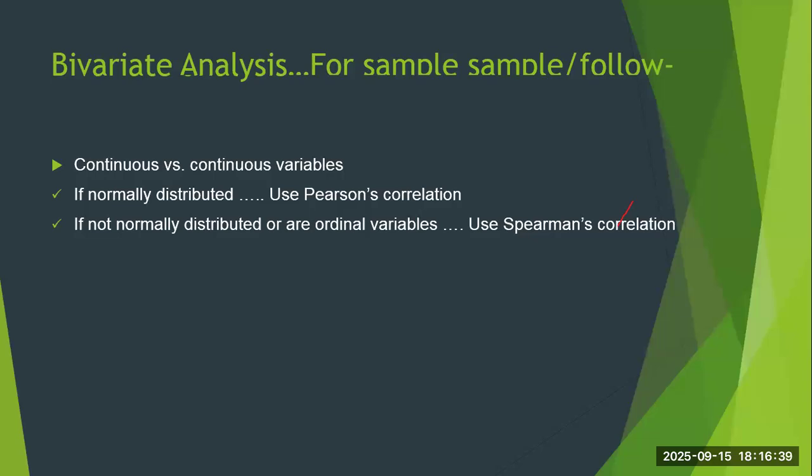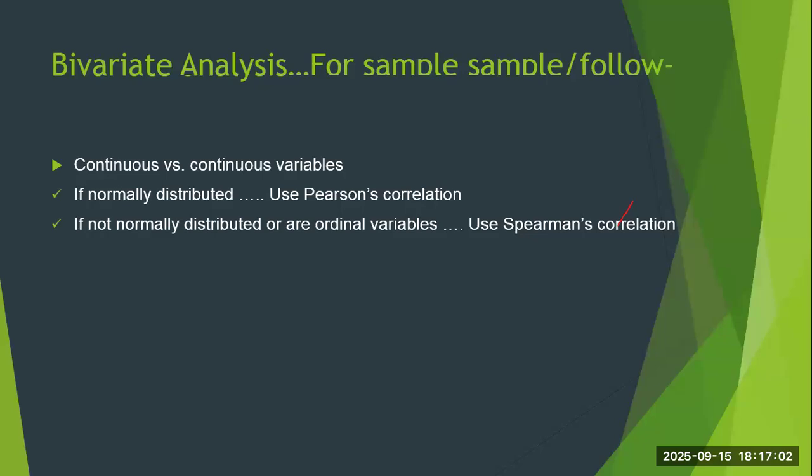We have categorical versus categorical for cross-sectional, which is chi-square. We have continuous at different intervals: 2 intervals, paired t-test or Wilcoxon; paired samples for more than 2 intervals, repeated measures ANOVA and Friedman's. And then paired for categorical, 2 categories, 2 intervals, McNemar.